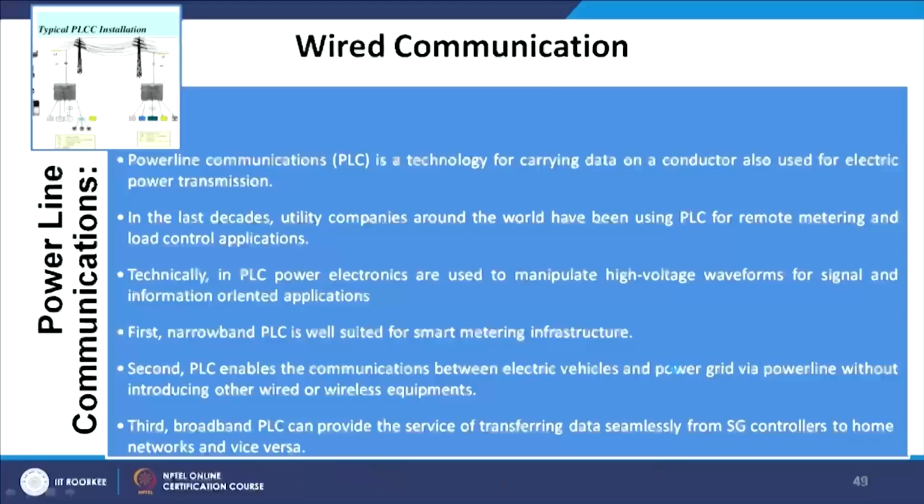One more important point, the second one, is PLC enables the communications between electric vehicles and power grid via power line without introducing other wired or wireless equipments. Third, broadband PLC can provide the service of transferring data seamlessly from smart grid controller to home networks and vice versa.